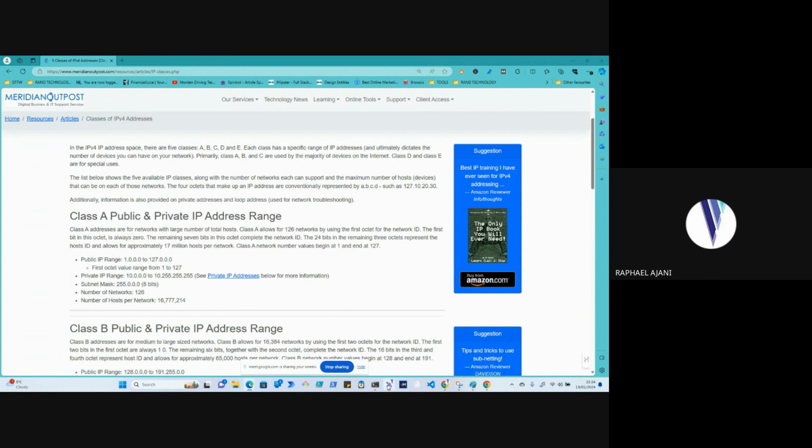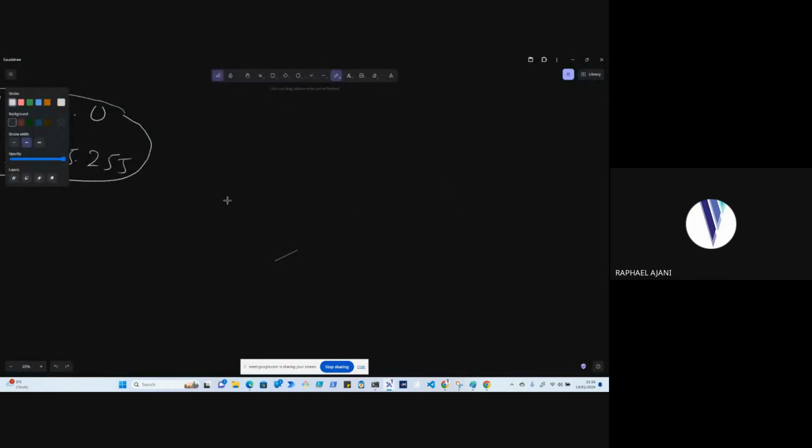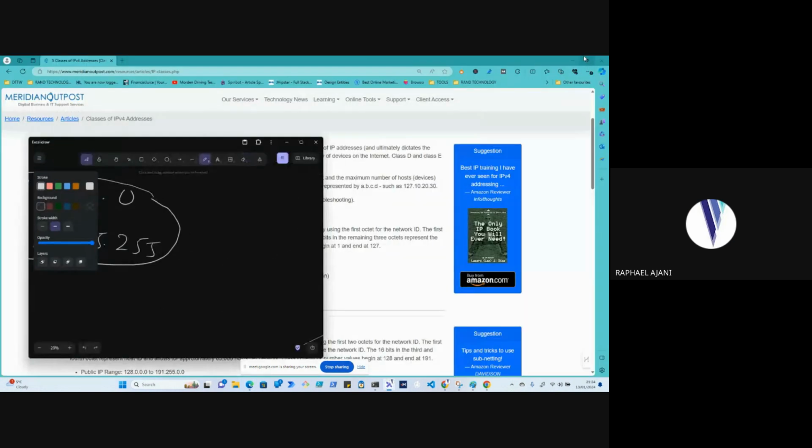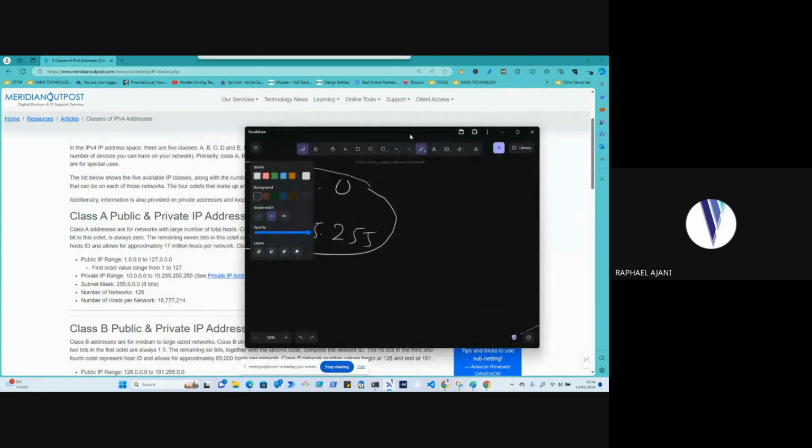Okay, let me explain it again this way. This document, I will just put my screen here so you understand. Now, this class A, just put this at the back of your mind: every class of IP addressing has the public range and the private range. The public range says that you cannot touch this range of IP.